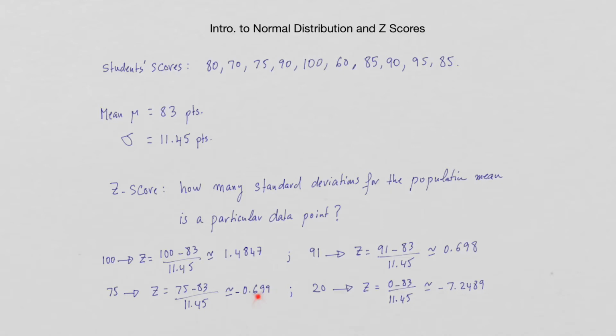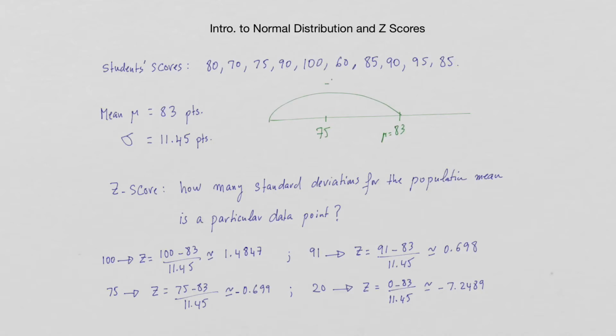It is negative 0.699. Basically, what it says is, here is my 83, here is my mean, and 75 is here. How many of those are in here? Well, if I just subtract one of them, it's going to shoot me out.